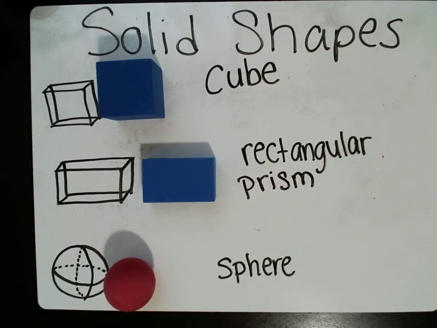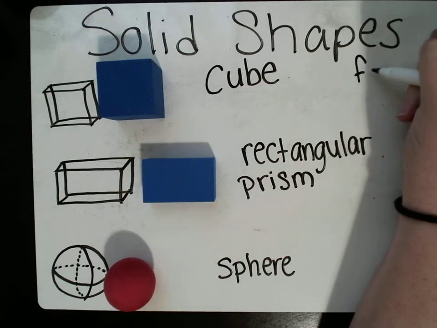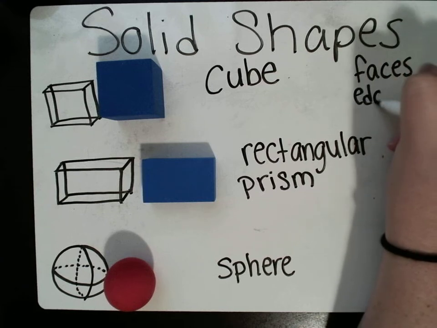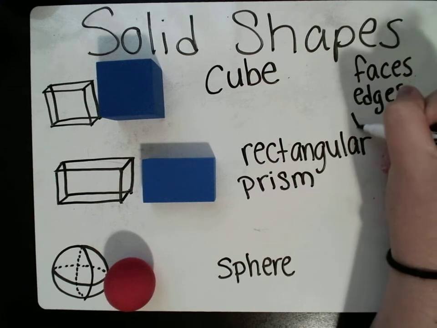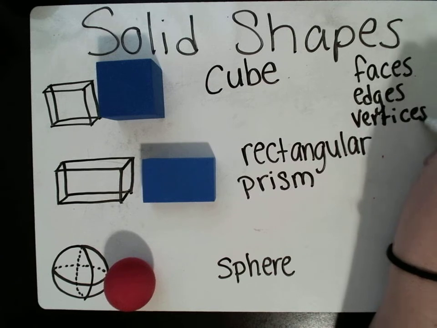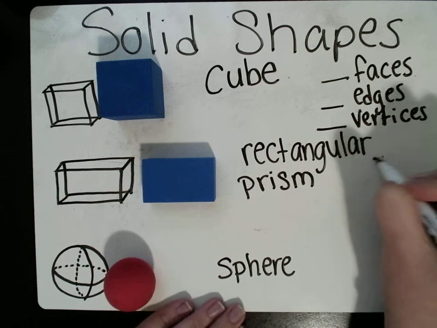So there's a little bit of a difference between how we describe solid shapes and how we describe our plane shapes. Solid shapes, we count the number of faces, edges, and vertices. So let me go ahead and write these down.